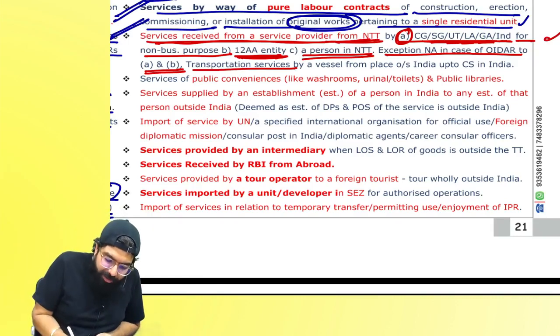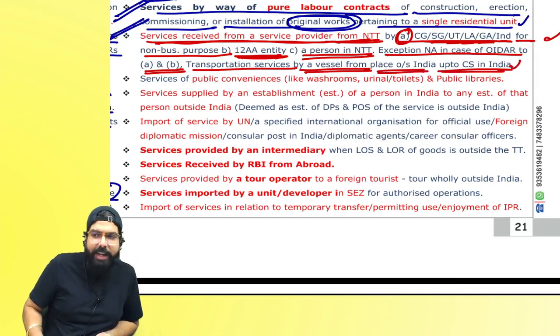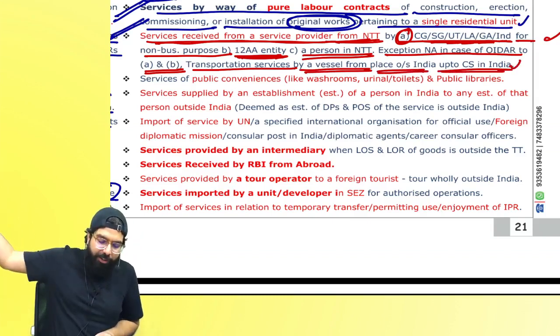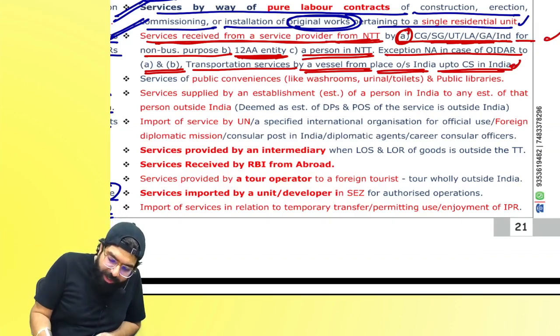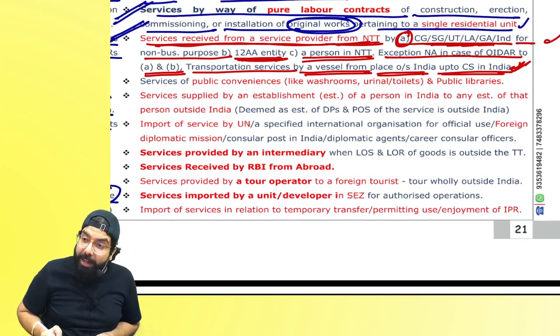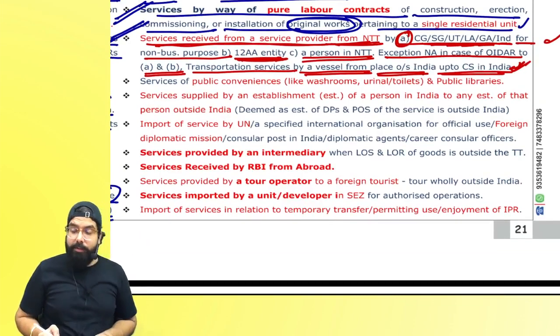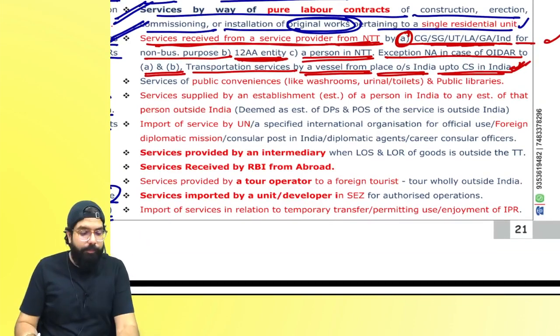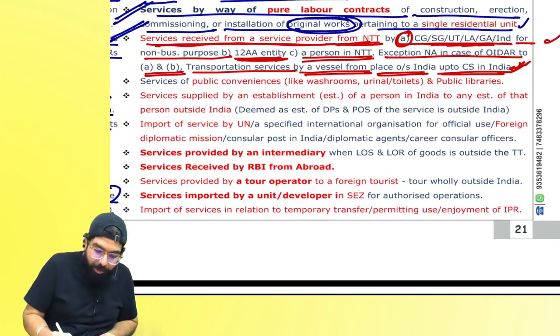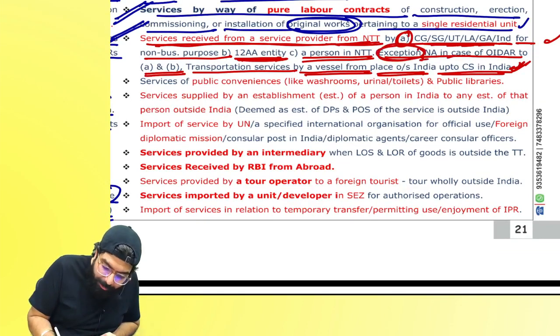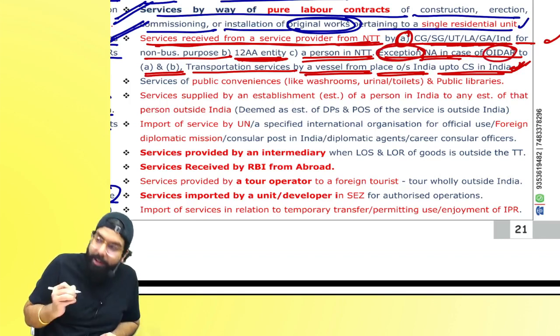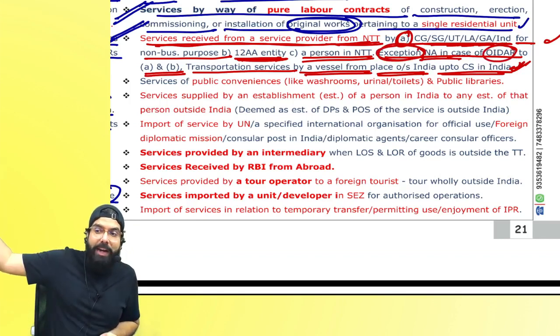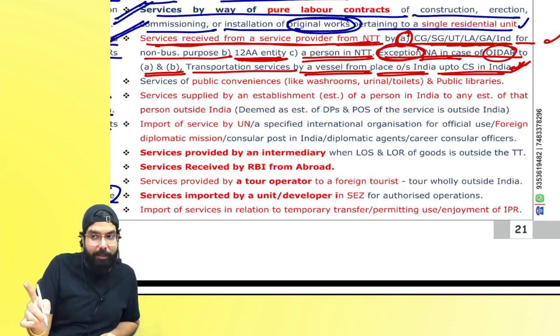Transportation services by a vessel from outside India up to the custom station in India. Always remember, transportation of goods by a vessel from outside India up to the custom station in India, GST is applicable. Everyone over here, remember one thing, exemption is not applicable. If it is OIDR service which is provided by an OIDR to an NTOR, forward charge mechanism is applicable.